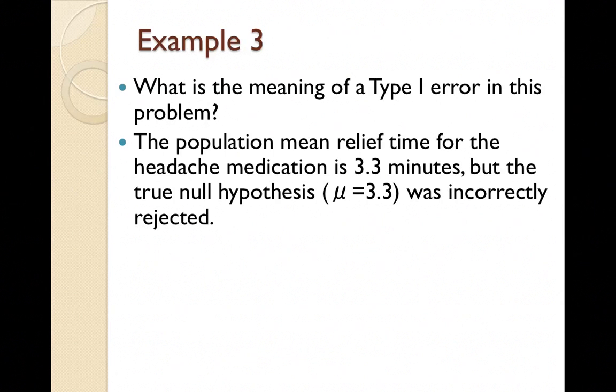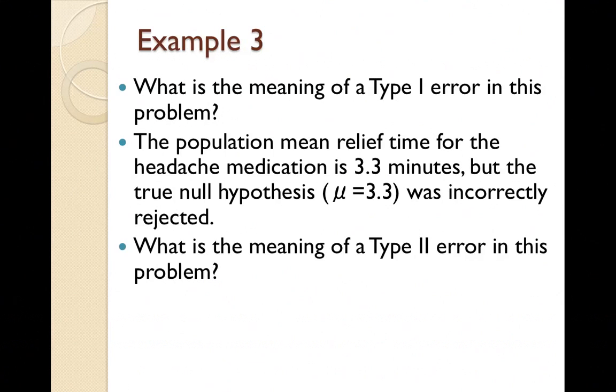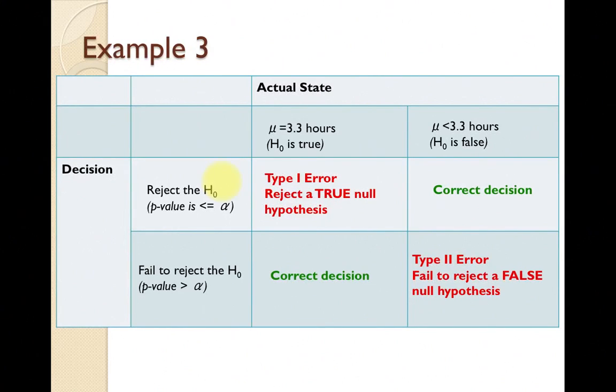And let's look at a type 2 error. So going back to the chart, a type 2 error is when the new medication produces relief in less than 3.3 hours. In reality, that's the actual state. It really produces pain relief in less than 3.3 hours. But we failed to reject the null hypothesis. The null hypothesis said that the mean was 3.3.